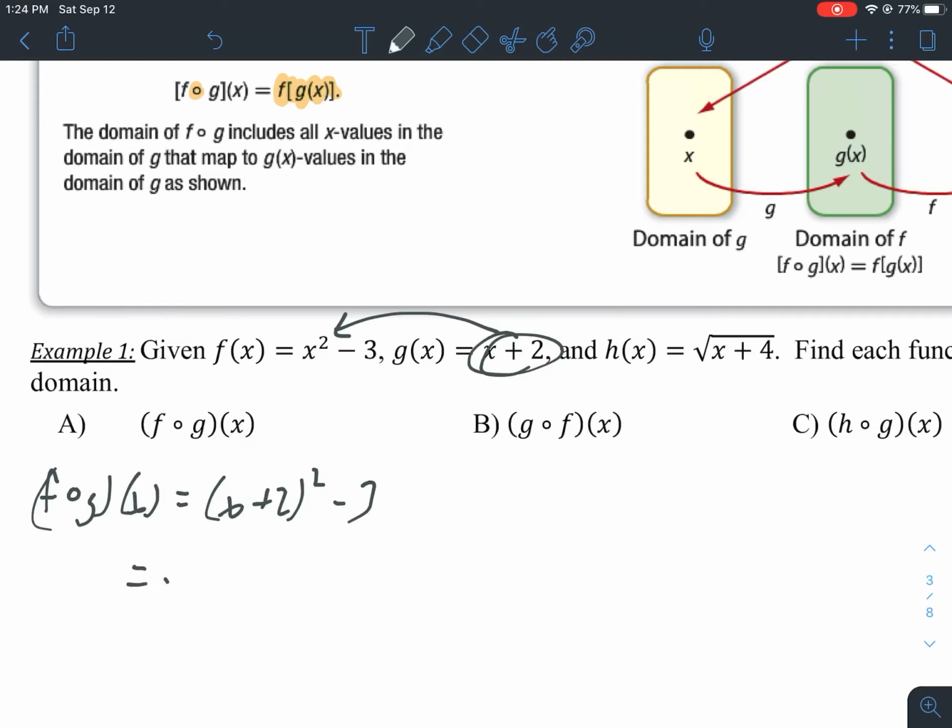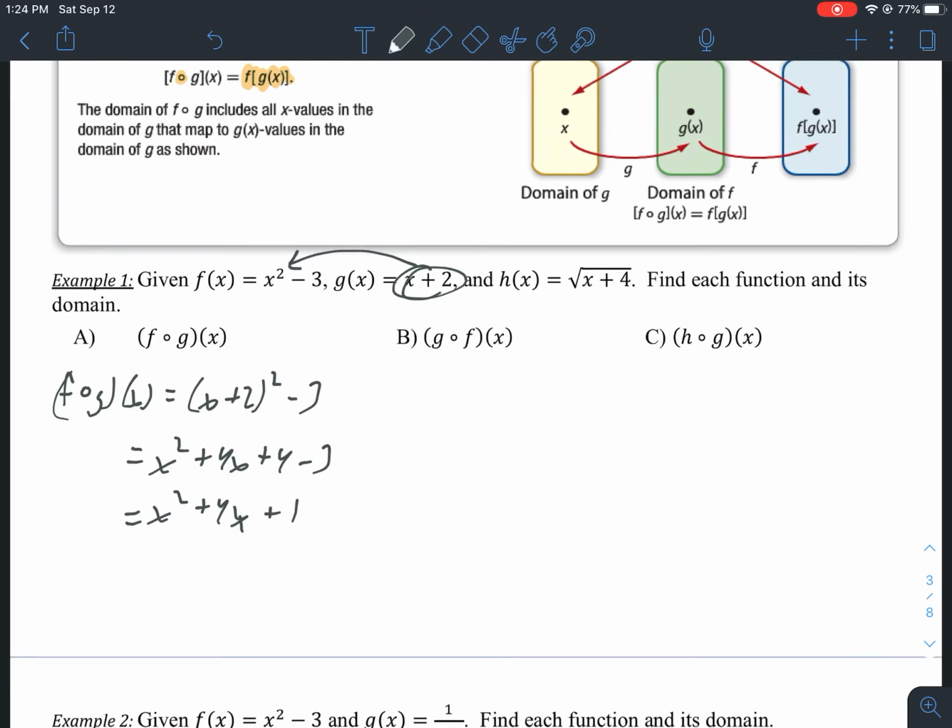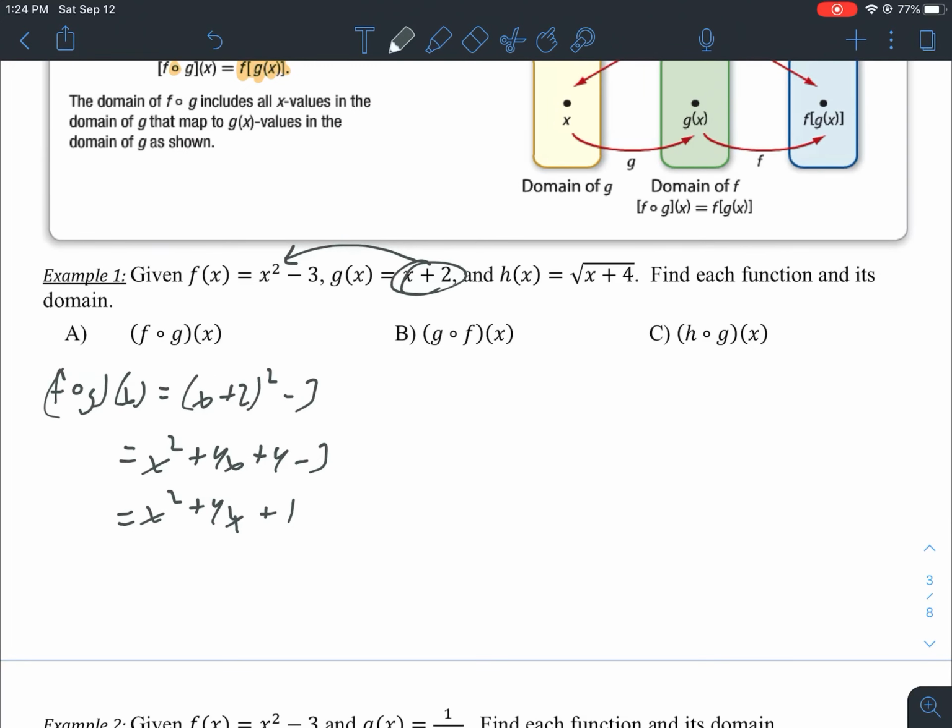Technically that's it. We could expand that out to x squared plus 4x plus 4 minus 3, and x squared plus 4x plus 1. Either way, there are no restrictions on g's domain or f's domain, so our domain is negative infinity to infinity.